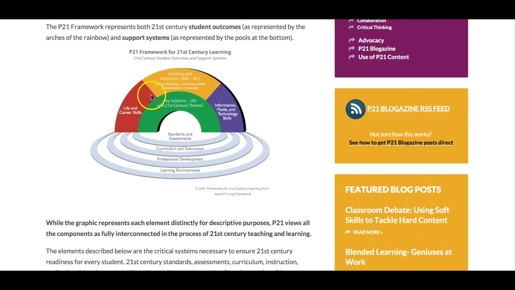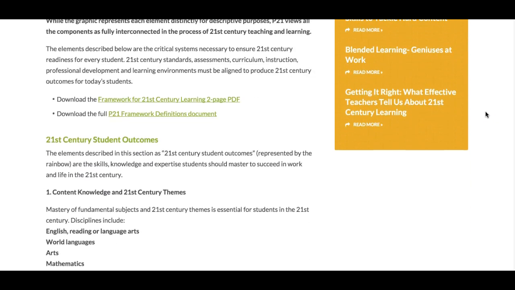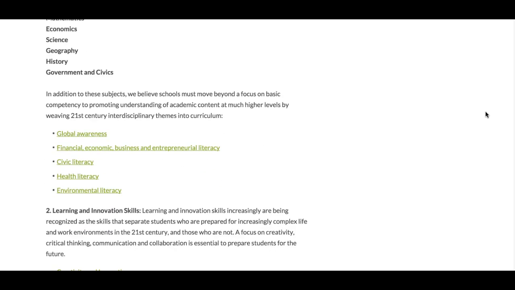You can see that there are the different skills and innovations, and then there's curriculum and professional development. And as you scroll down, you'll see a lot more details about what they're talking about in terms of content knowledge and themes. Each one of these is a link to additional information.